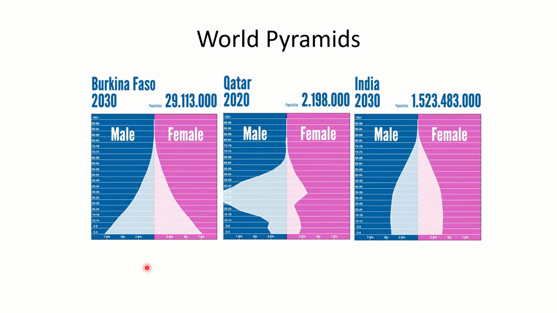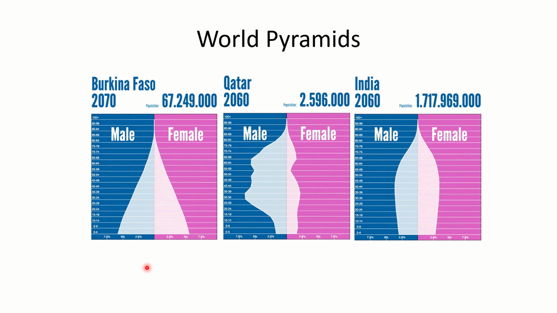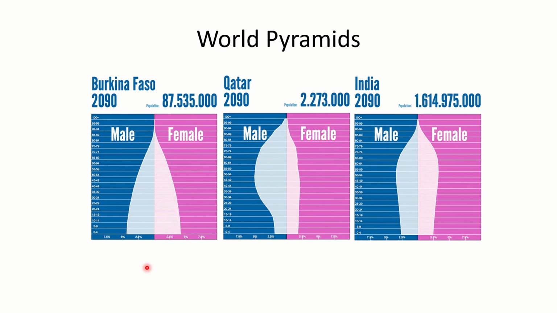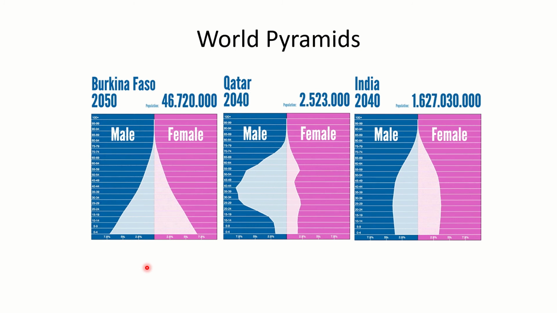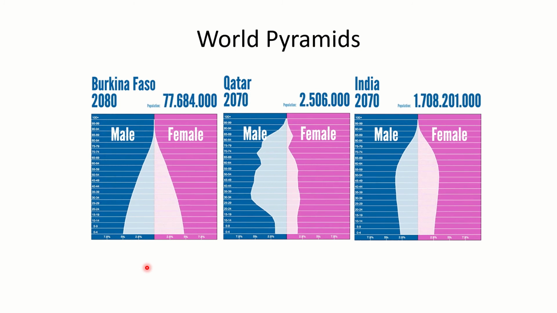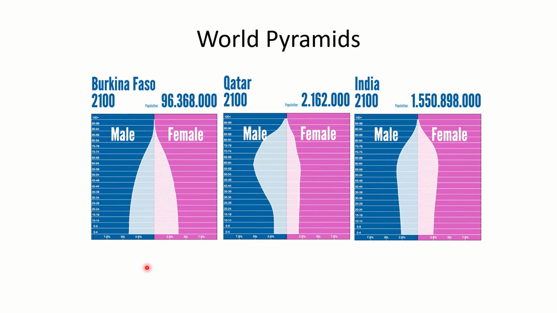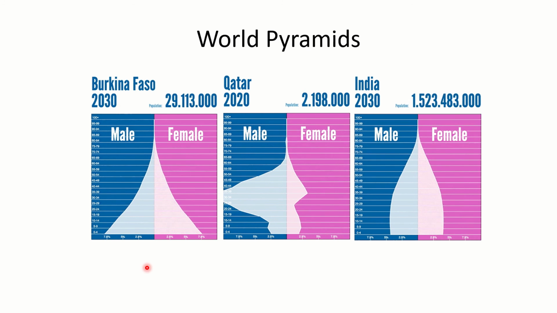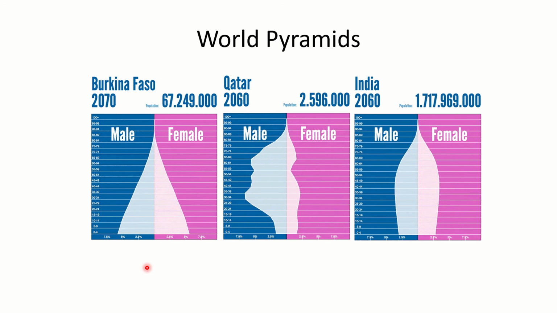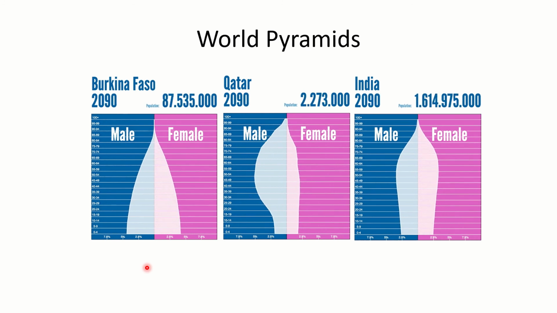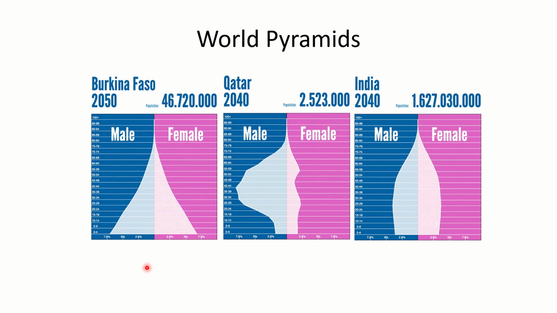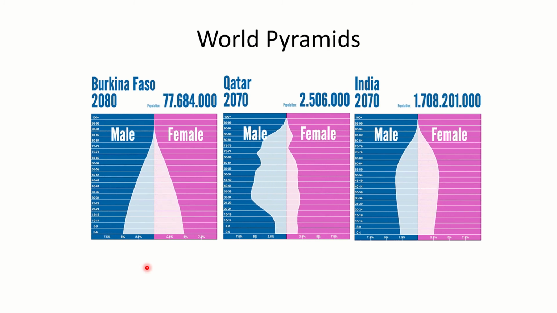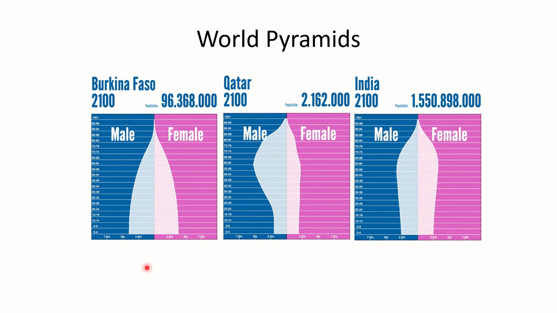If we look at a couple of more examples, here we have 3 developing countries. Burkina Faso is a very developing country, and you can see its birth rate reflects that. But you can also see that Burkina Faso wants to develop and is putting in place strategies to reduce birth rates, and over time we can expect those birth rates to fall.